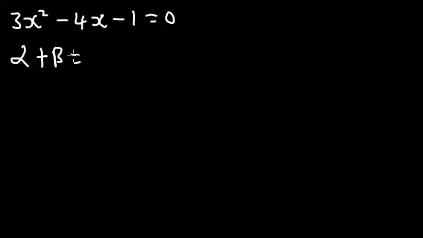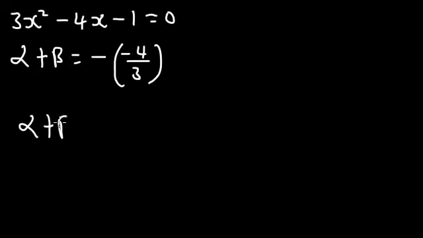Now, earlier we said that there's a proof that shows us that alpha plus beta is simply the ratio of the coefficient of x to that of the coefficient of x squared. However, it has to be multiplied by a negative sign. So this will be minus, multiplied by -4 over 3. Don't forget, the formula is such that alpha plus beta is equal to negative b over a.